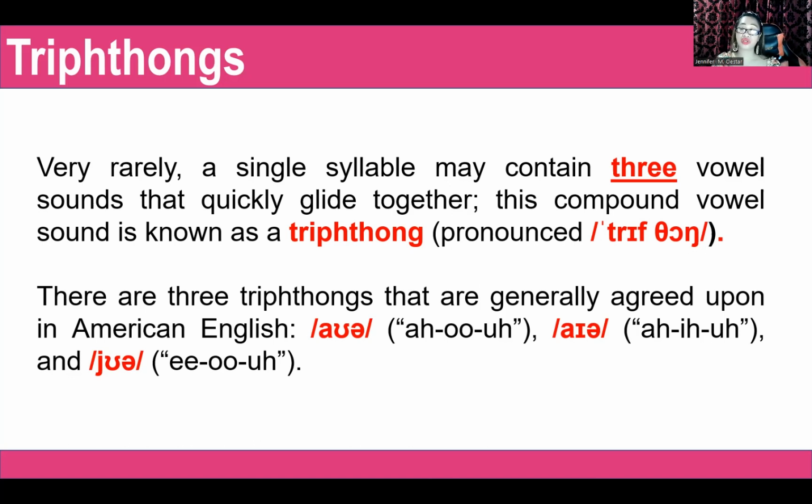These are just additional, since each is a combination of a monophthong and a diphthong. So in American English we have the A-U-E, a combination of a diphthong and the pure vowel, and the A-I-E, and the J, pronounced ya, with the U and the E. So I will repeat: the A, the U, inverted E, and the A, the capitalized I, and inverted E, as well as the J, pronounced as ya, with the U and the inverted E.